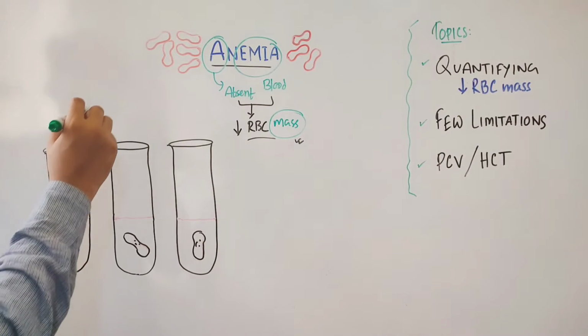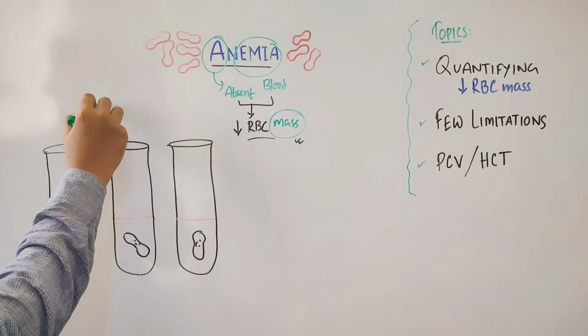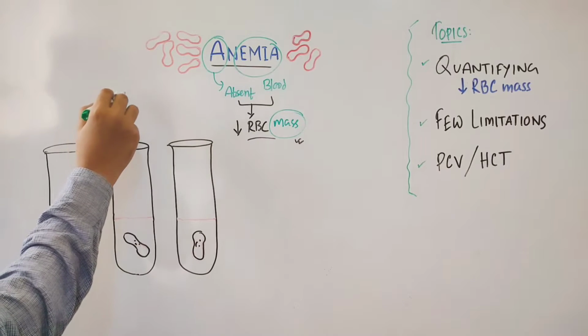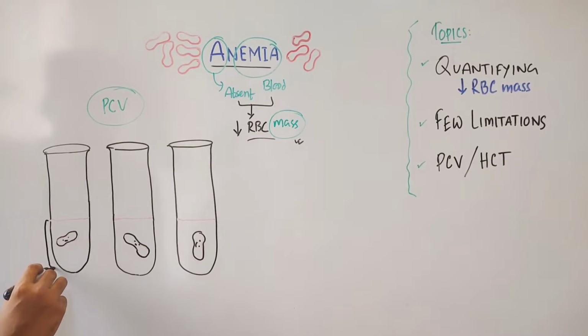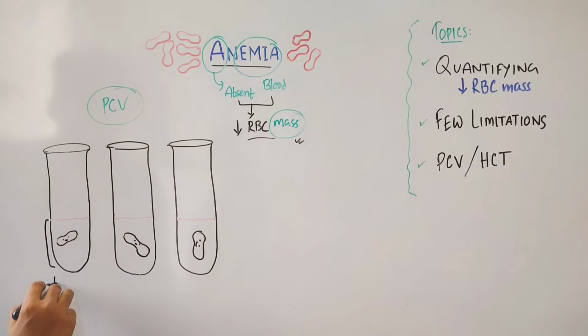So let's talk about PCV for a little bit. We need to understand this because it's one of the alternatives for measuring RBC mass. Let's first look at what's normal. PCV, or hematocrit, is the percentage of RBCs present in the whole blood, which is normally 45%.